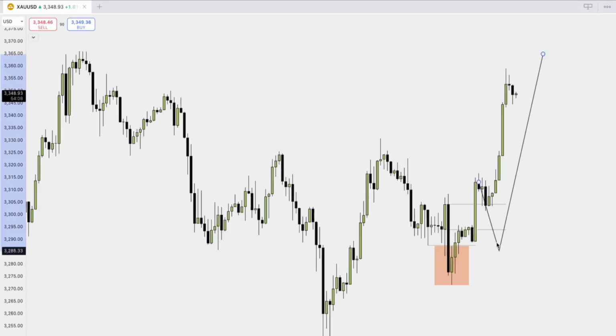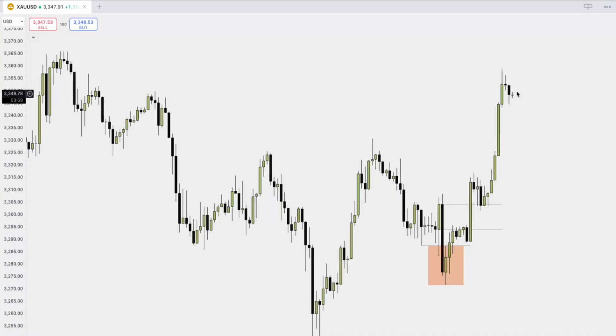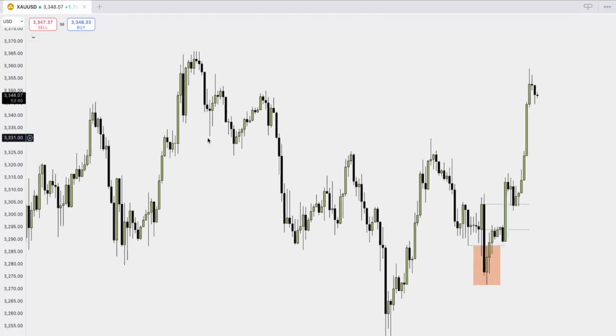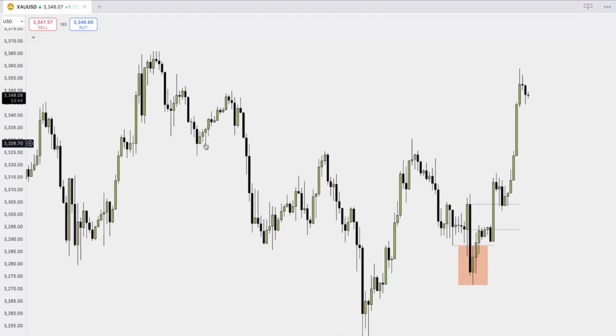So what do they do? They stab it into the breaker block and quickly send it higher, giving retail zero chance to get out of their shorts. Okay, we absolutely send it higher from that breaker block so retail cannot get out of their shorts. Their stop losses are triggered up here, up here, up here, and eventually up here. So that is where you put your stop losses.